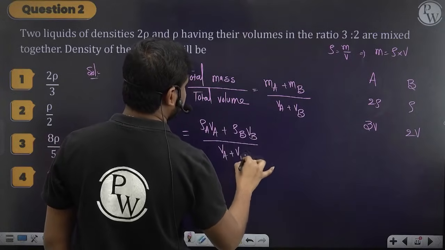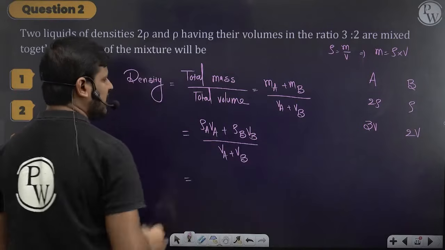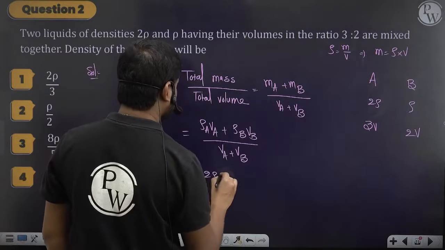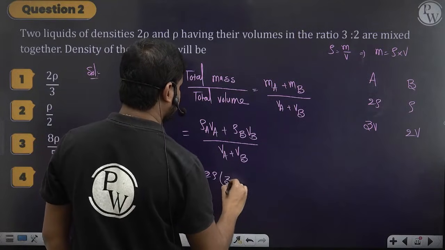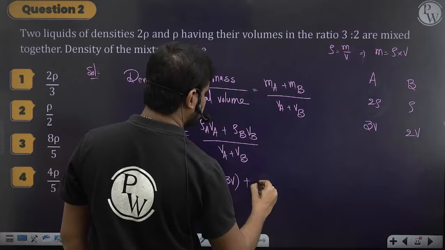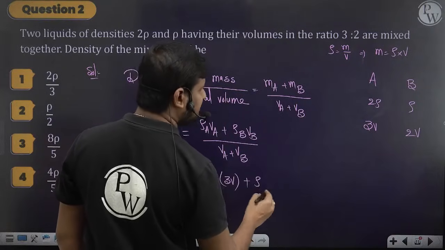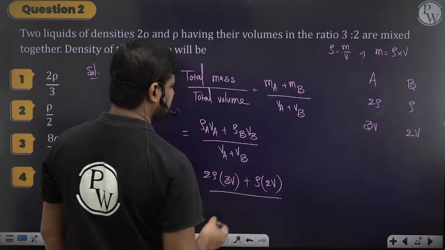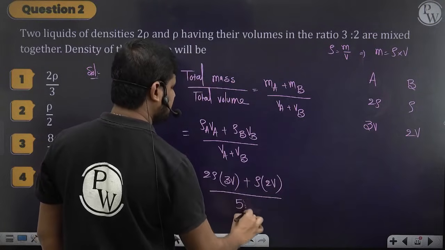Now let's substitute the values. I have ρA is 2ρ into the volume of A, 3V, plus ρB is ρ. What is the volume of B? 2V, by VA plus VB, 3V plus 2V, which is 5V.